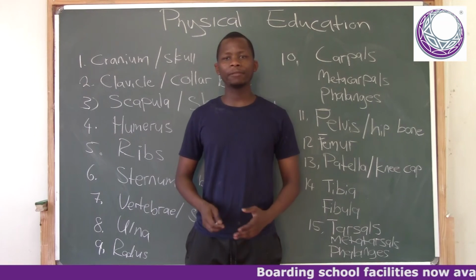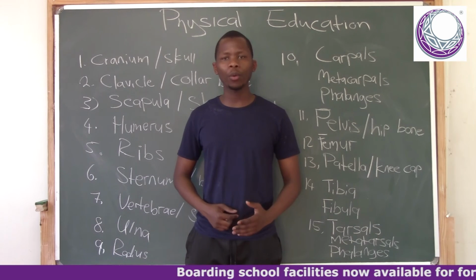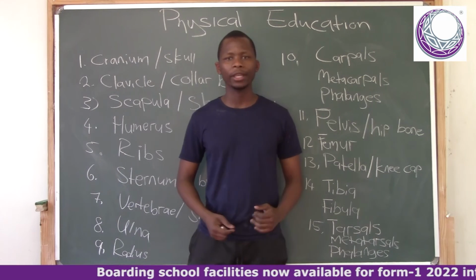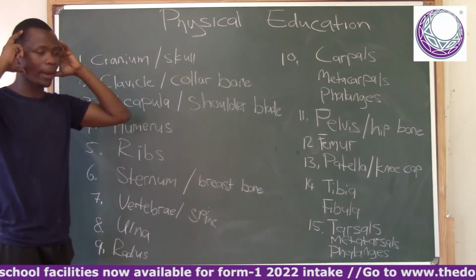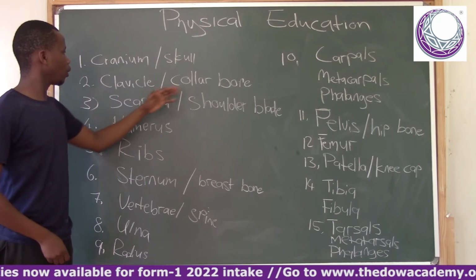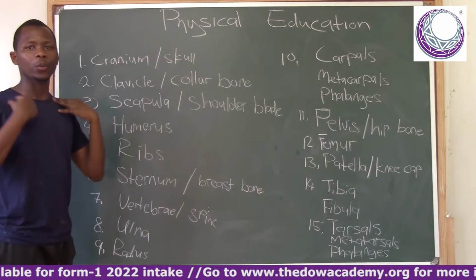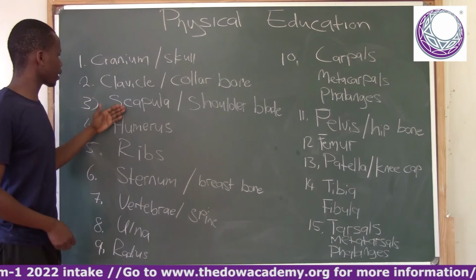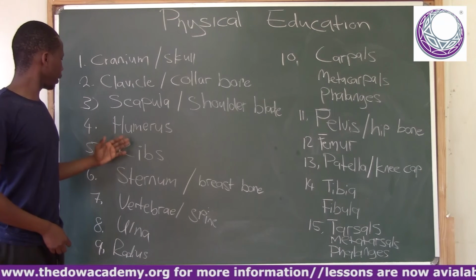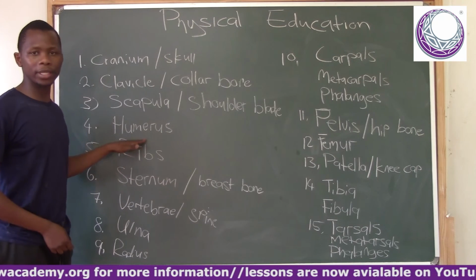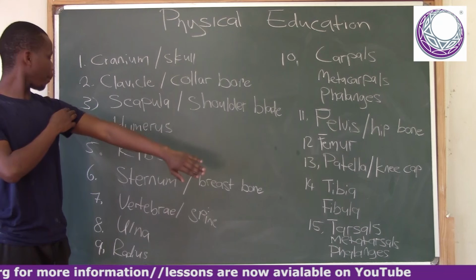So, we have successfully compiled a list of the common bones in the human body. That is the cranium or the skull in our head, the clavicle or collarbone, which is right here. We have mentioned the scapula or the shoulder blade, and the humerus, which is the bone in our upper arm.